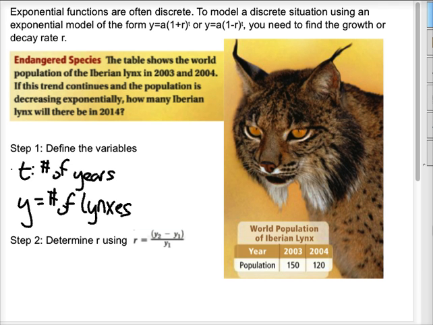So it's important that you label your variables so you know what you're calculating. The two things we're talking about are T for time and Y for number of lynxes.